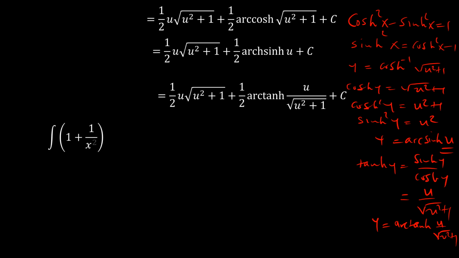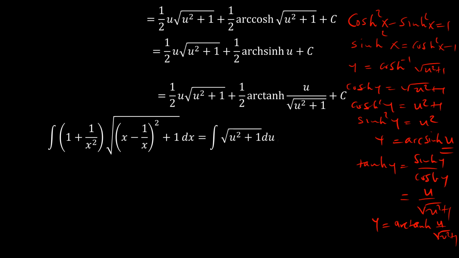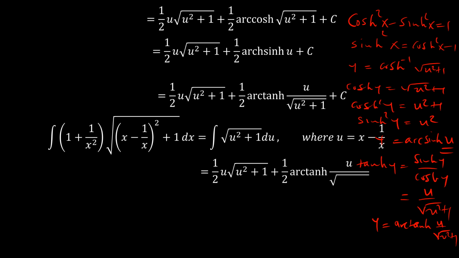But then if we go back to our original integral here, we had said that it is the same as the integral of the square root of u squared plus 1, where u is equal to x minus 1, and we had found that this is the same as half u square root of u squared plus 1 plus a half arctanh of u over the square root of u squared plus 1.